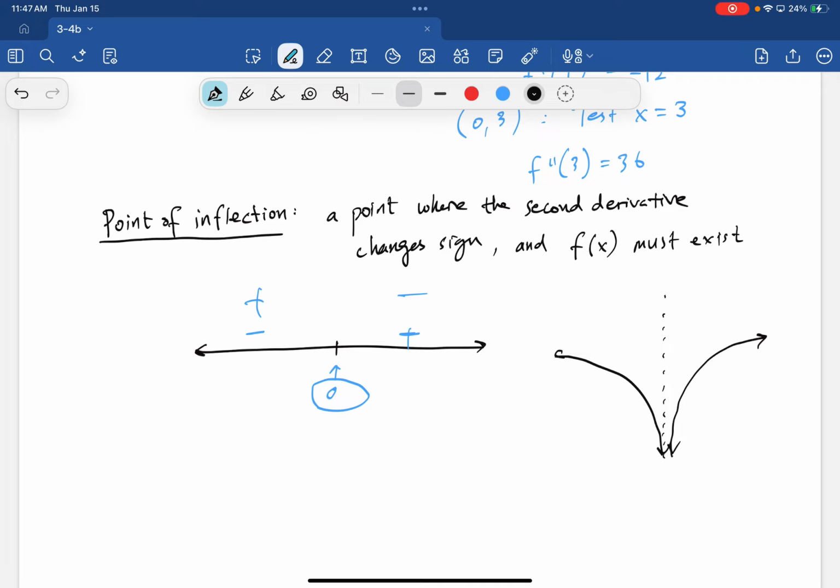Sorry, the concavity does not change for this graph. If the graph was like this, the concavity does change at this point. It goes from being concave down to concave up, but this is not a point of inflection because the function doesn't actually exist at this point. There's an asymptote, and so that's not considered a point of inflection. So the second derivative must change sign and the function must exist. That will be relevant for part B on the classwork.